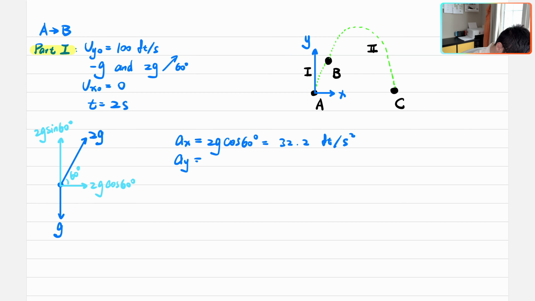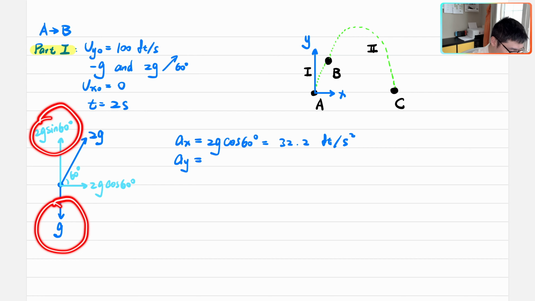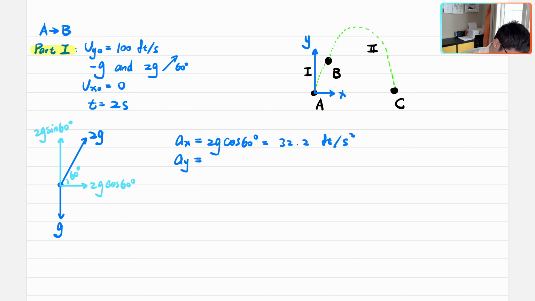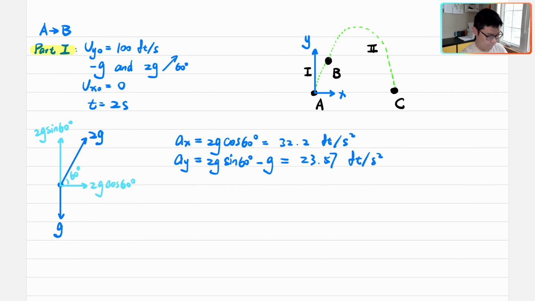Acceleration in the y direction, 2g sine 60 minus g. And remember, you're working with imperial units here, so g is 32.2. 23.57 feet per second square. Okay, this is our acceleration.